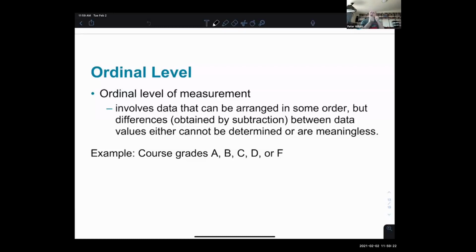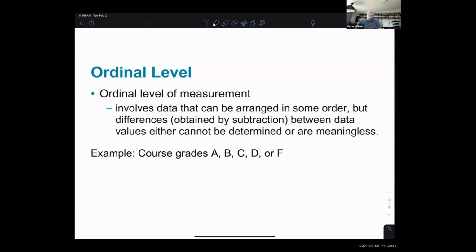Whether those numbers have a meaning where subtraction would make sense is their way to try to say whether something is measured by those. Like the fact that one player has a jersey number that's 10 higher than the other player is absolutely meaningless. It doesn't mean that player is 10 more anything. So that's why the differences don't make any sense.